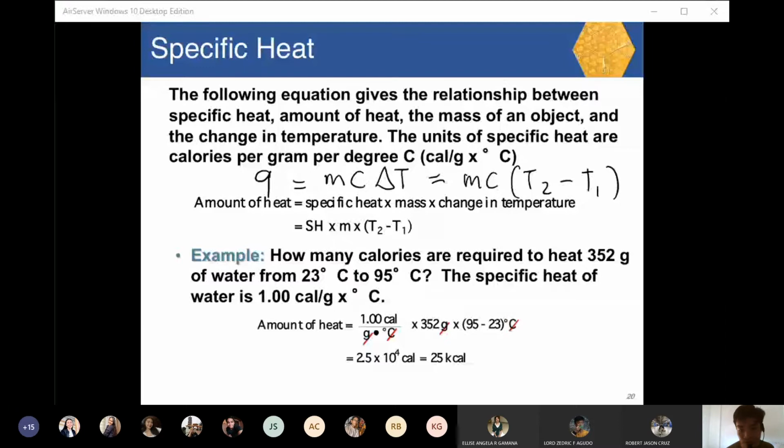We use calories now because this book is American, so they're weird. I don't like calories, but anyway, that's the idea. Once you plug in all the numbers and multiply them, we end up with the answer 2.5 times 10 raised to 4 calories, or just 25 kilocalories.